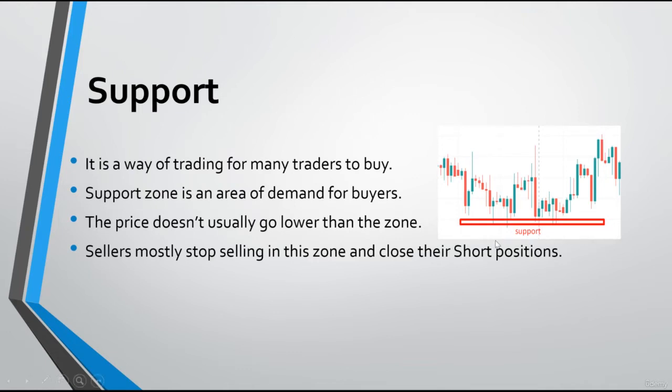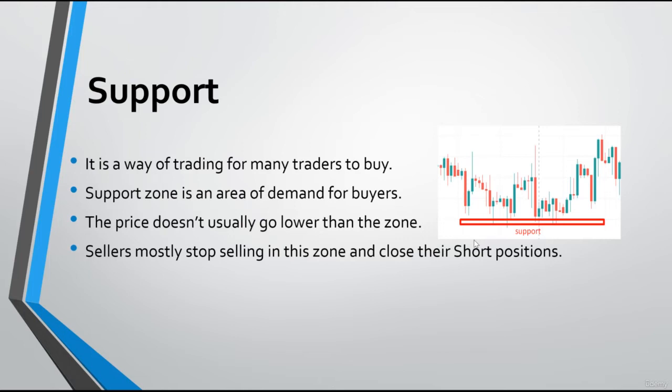It is important that you know how to draw these zones, which I'm going to explain in this video and in the following minutes. The last definition is that sellers mostly stop selling in this zone and close their short positions.